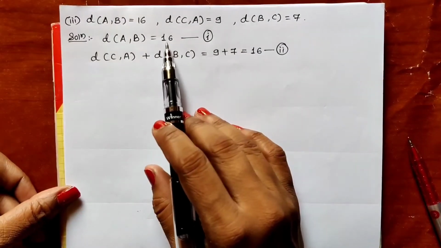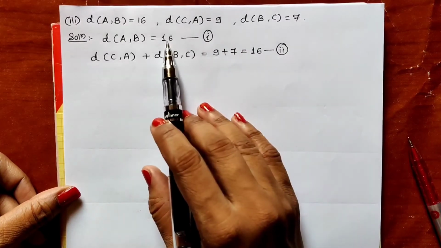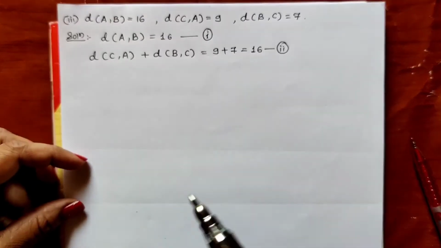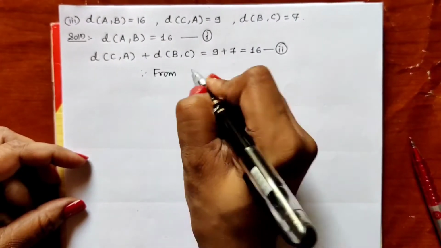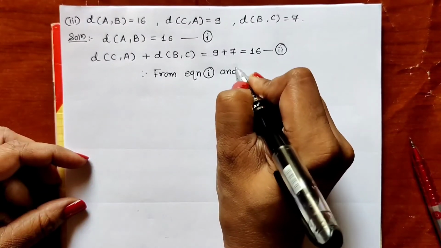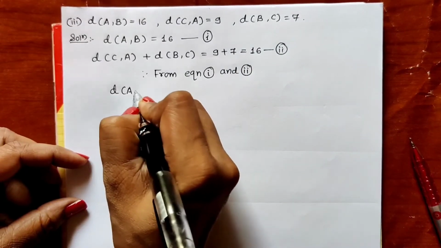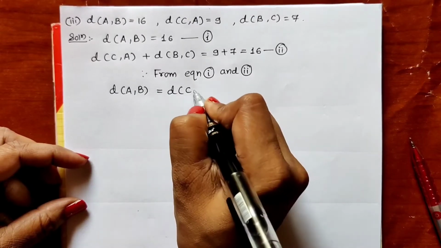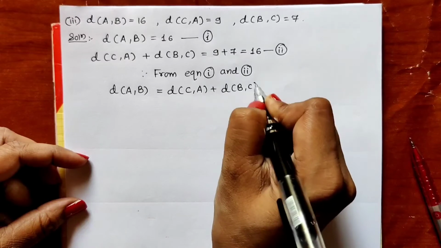So we can see that the right hand sides of equations 1 and 2 are the same, 16 and 16. That means the left hand sides will also be the same. They will be equal. So therefore, from equations 1 and 2, distance AB is equal to distance CA plus distance BC.